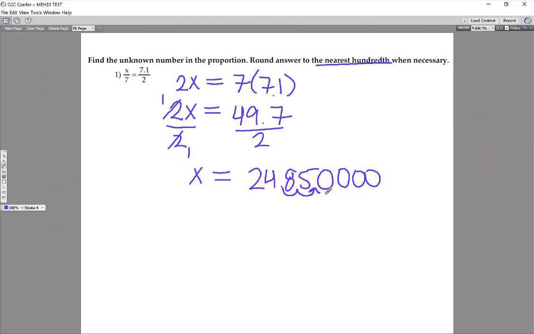But we see that there's a 0 here directly to the right-hand side of the hundredths place. So we're not going to round up. It's going to remain as is. So our answer is 24.85.